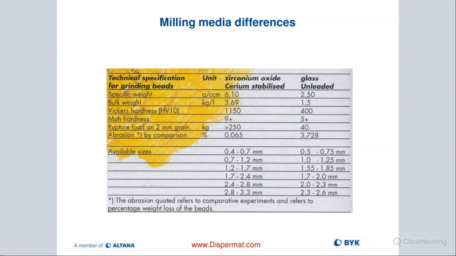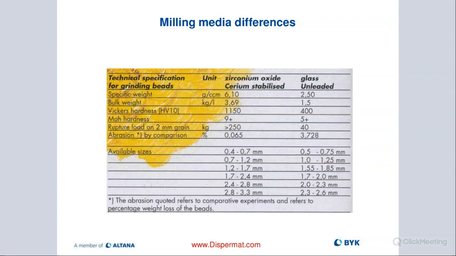So that is not ideal. So we don't recommend glass beads at all. We always recommend going with the zirconium oxide beads. That's what we use in our lab space, and that's where we see the best results with our Dispermat equipment, definitely the zirconium route.